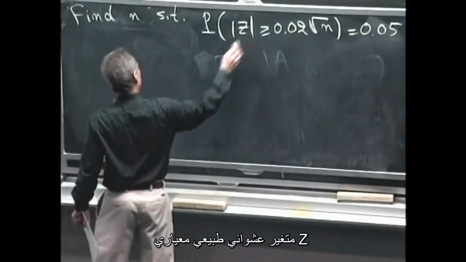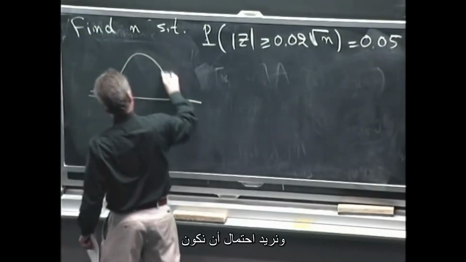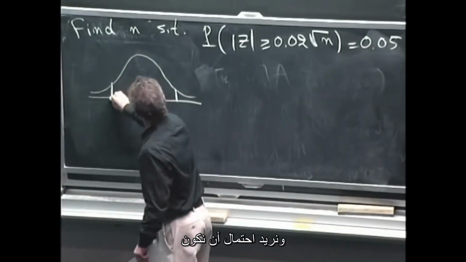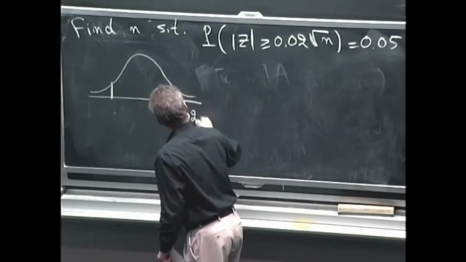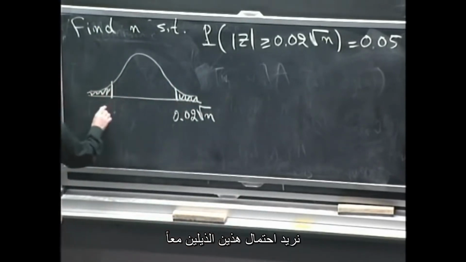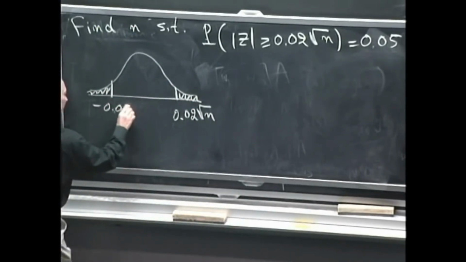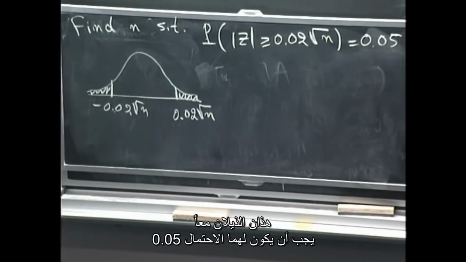Z is a standard normal random variable, and we want the probability that we are outside this range. We want the probability of those two tails together. Those two tails together should have probability of 0.05.